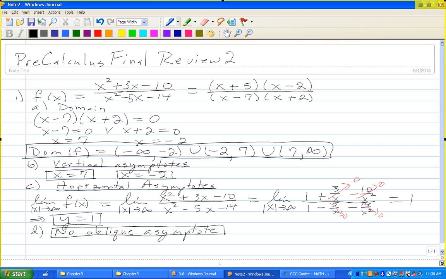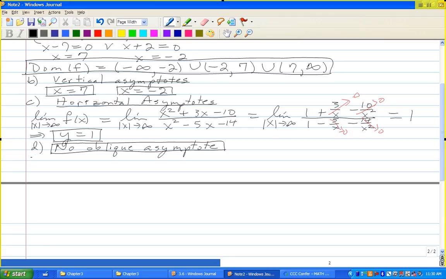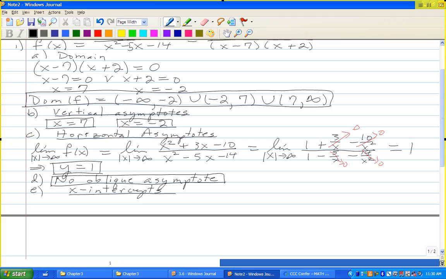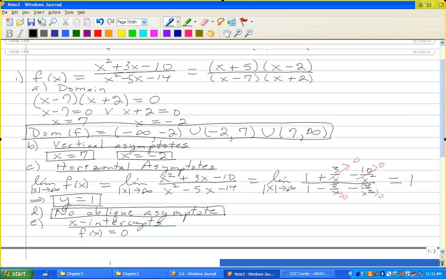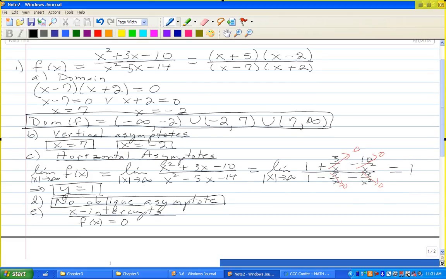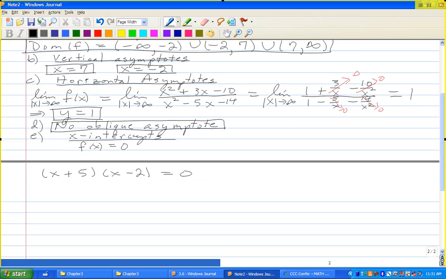E, what are the x-intercepts? To find the x-intercepts, you set f of x, y, to 0. So let's do that. To figure out when y is 0, just set the numerator to 0 and solve for x.